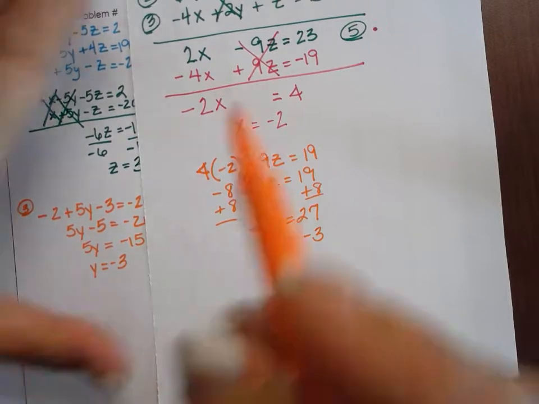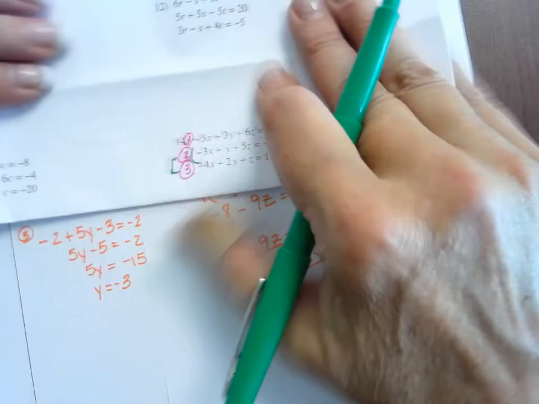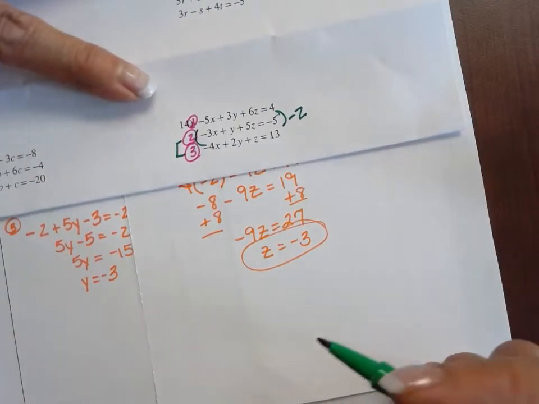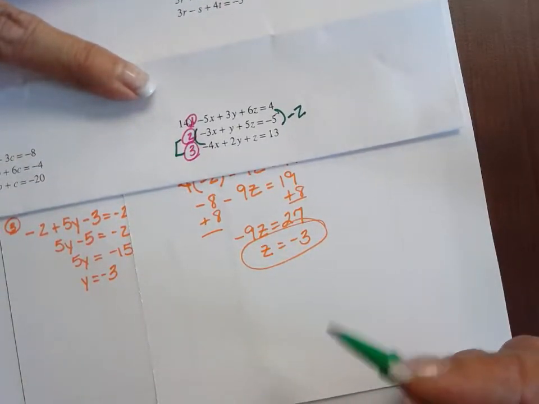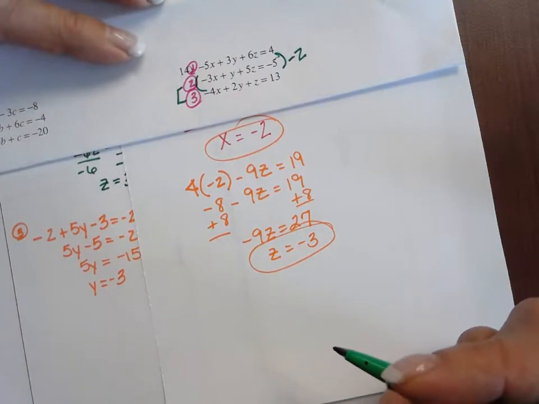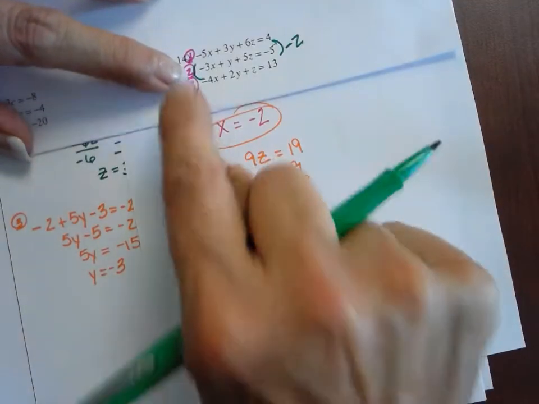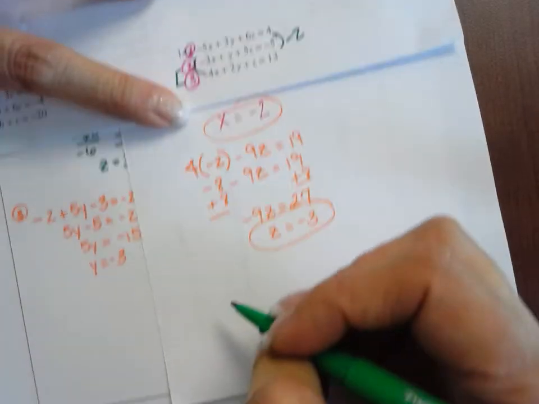Now I have 2 of the variables. Which equation do I want to plug into to find y? As long as it's 1, 2, or 3, it doesn't matter. We should do 3. It truly doesn't matter. As long as you're using 1, 2, or 3, it doesn't matter. So let's go ahead and do 2 so you don't have to divide.